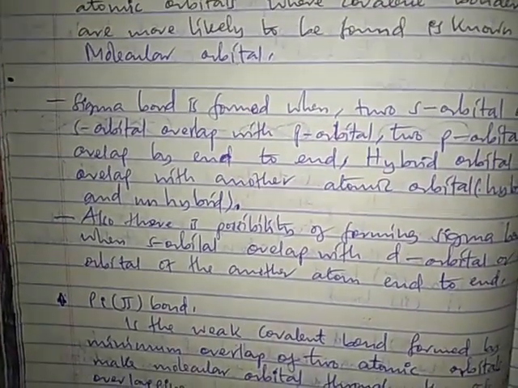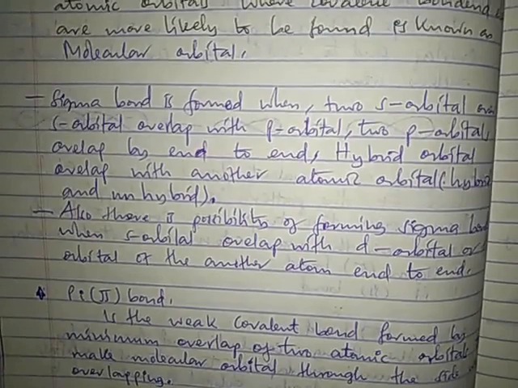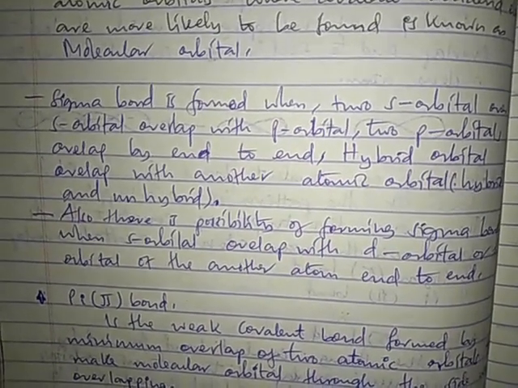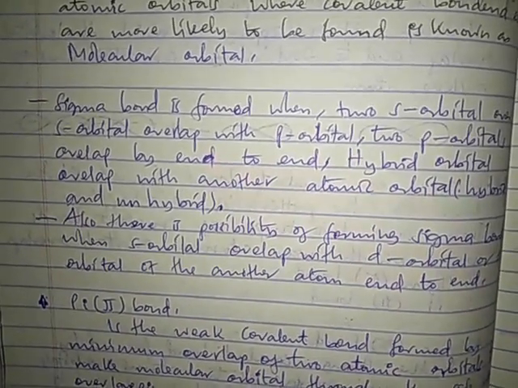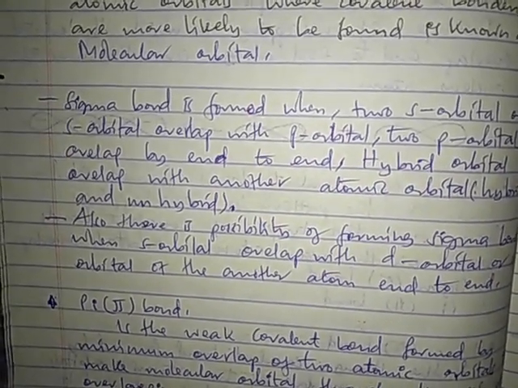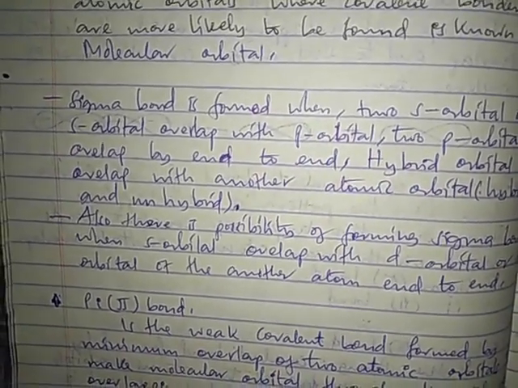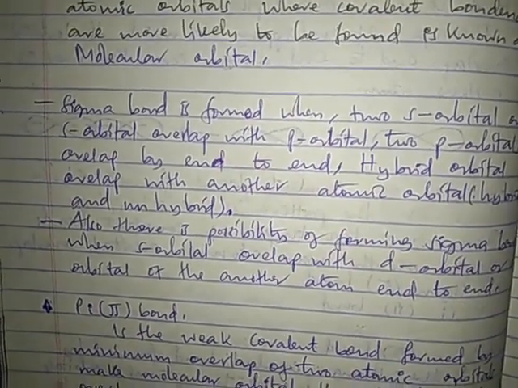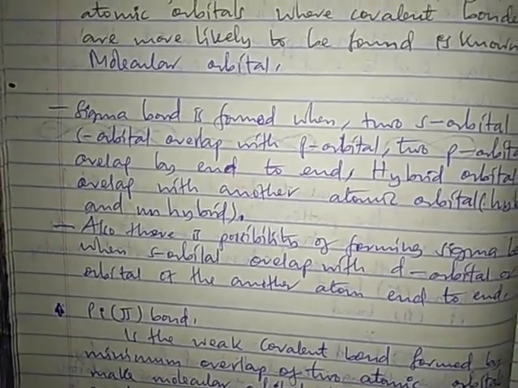So a sigma bond is formed when two s orbitals overlap, that is s to s overlap, or if an s orbital overlaps with a p orbital, or if two p orbitals overlap end to end.